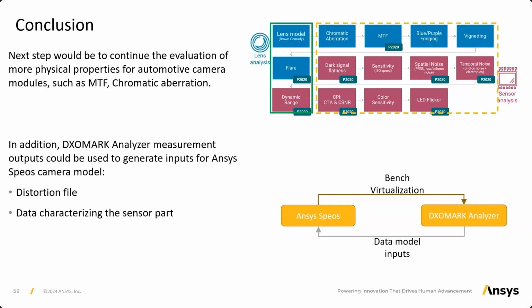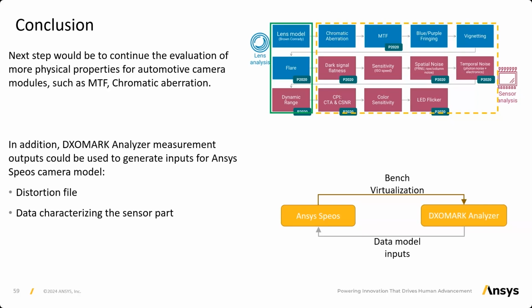Using a real camera system, we have the possibility to get the distortion out of it, and then use this distortion information to fill the camera model in Speos. The second aspect is the sensor part, where we can also use the DXOMARK analyzer to output the main characteristics of the sensor.